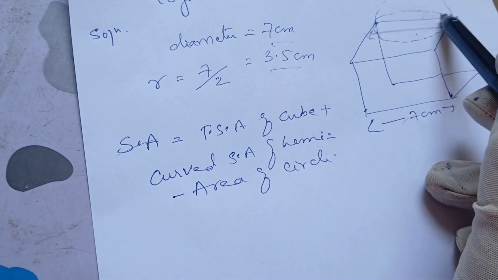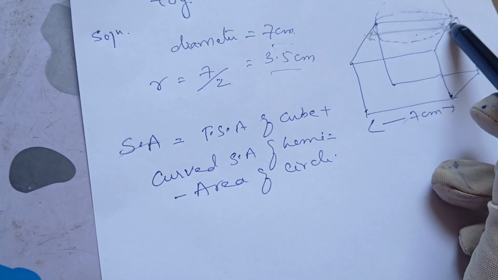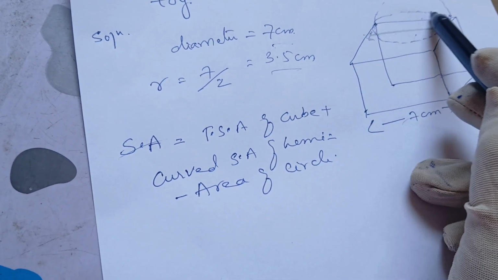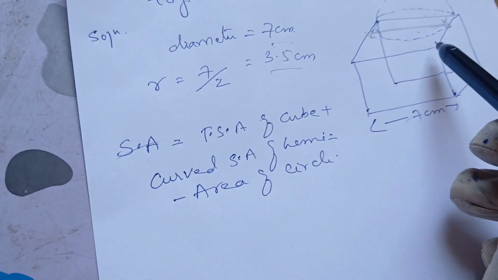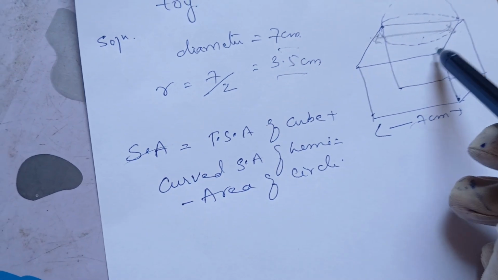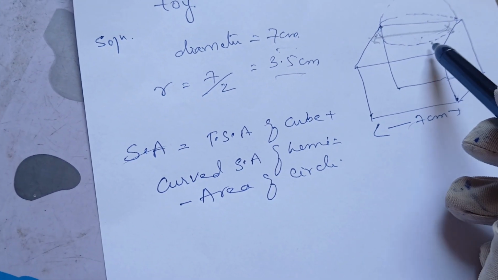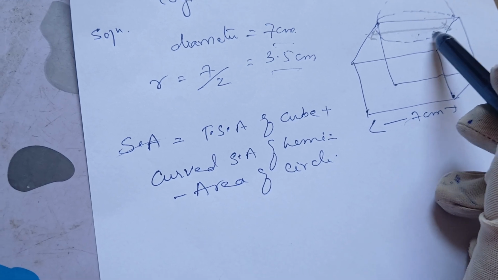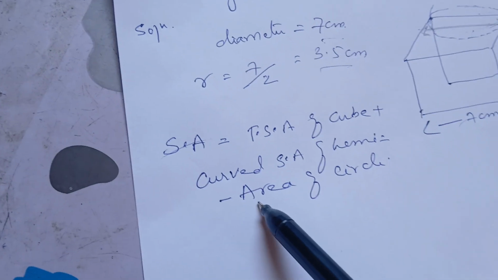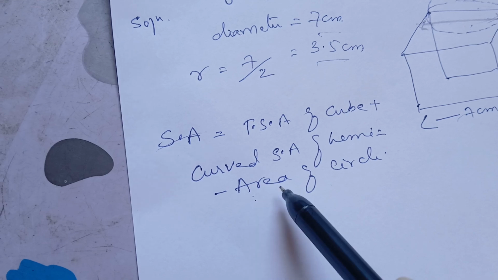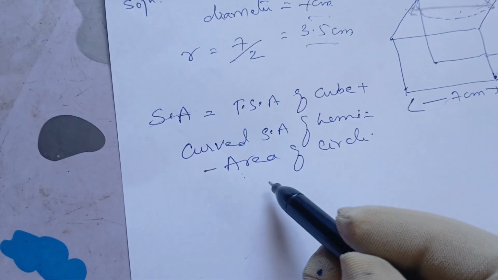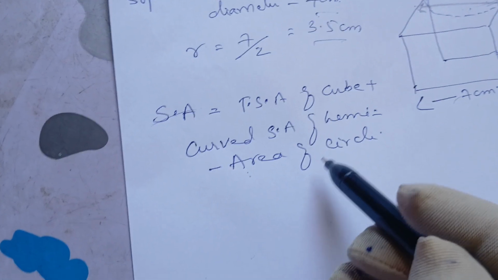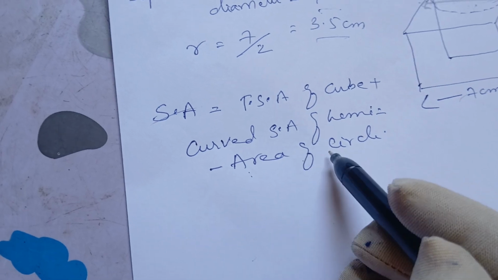This much part is overlapped by the circular bottom of the hemisphere. So how can we remove it? We can remove it by the area of a circle. We have to find the area of a circle and remove it from that.